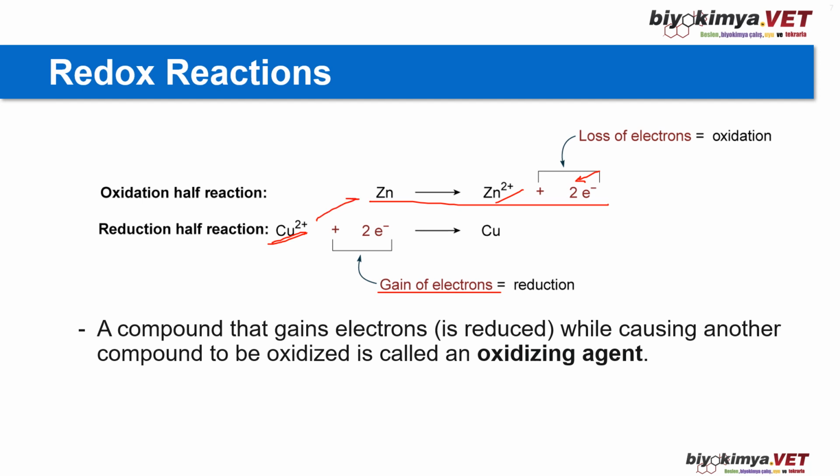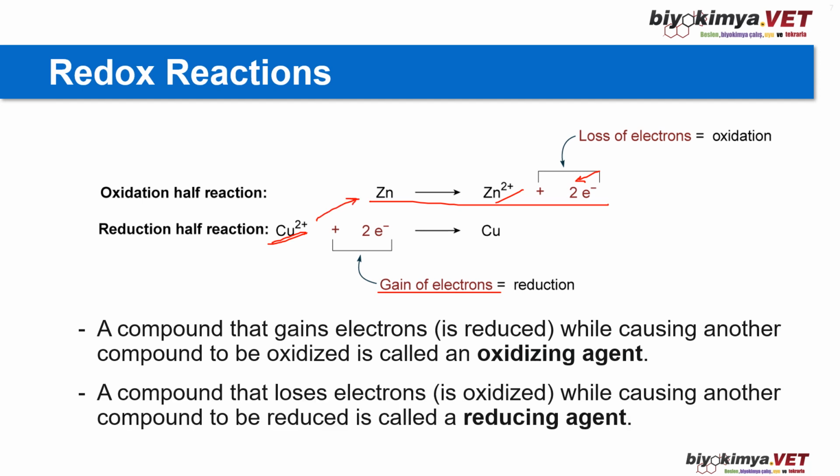It causes oxidation of zinc. A compound that loses electrons, which means it is oxidized, as you see the zinc is oxidized, while causing another compound to be reduced, is called a reducing agent. This means zinc is a reducing agent because it causes the reduction of copper.